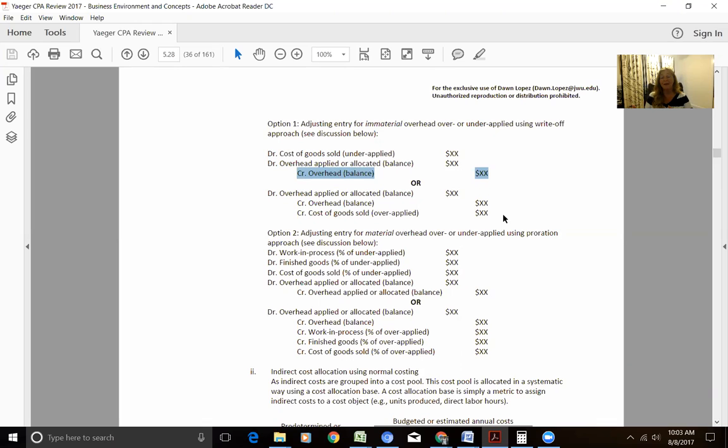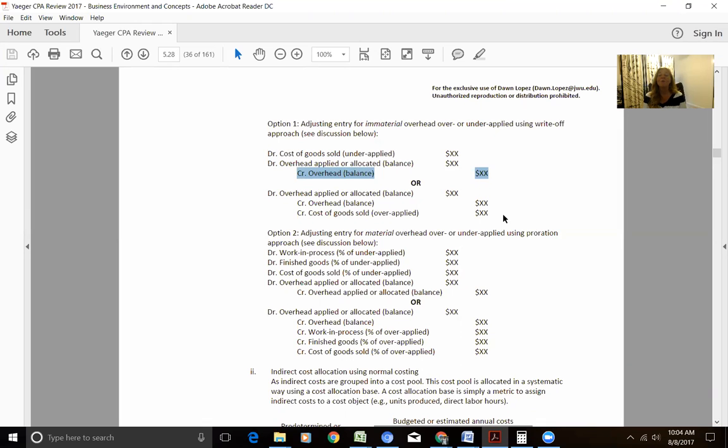If we have a credit balance in the overhead account, we'll zero it out by making it a debit. We're going to do whatever we need to do to bring our overhead account to zero, and the offsetting piece of that journal entry will be to charge it, if you will, to cost of goods sold. Done. End of story. Simple.